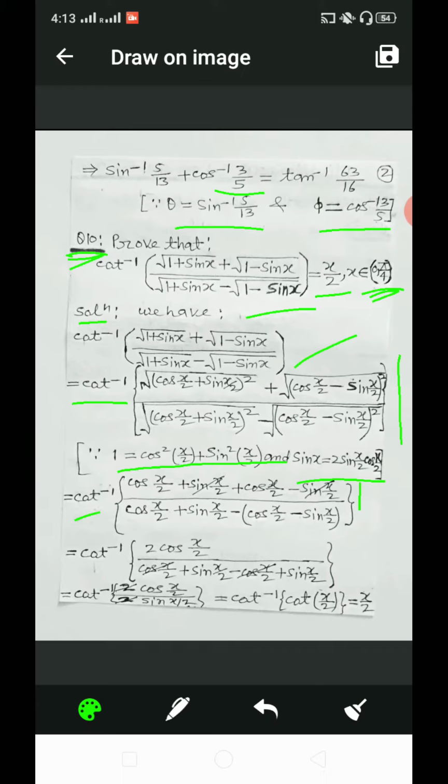This is equal to cot inverse 2 cos x by 2 by cos x by 2 plus sin x by 2 minus, if we open the bracket, we get minus cos x by 2 plus sin x by 2, and finally we get here cot inverse 2 cos x by 2 by 2 sin x by 2, and this is equal to cot inverse cot x by 2, and this is equal to x by 2.